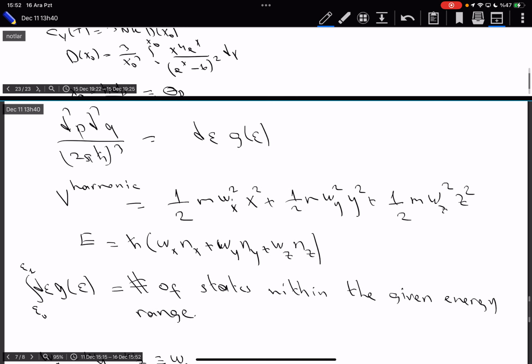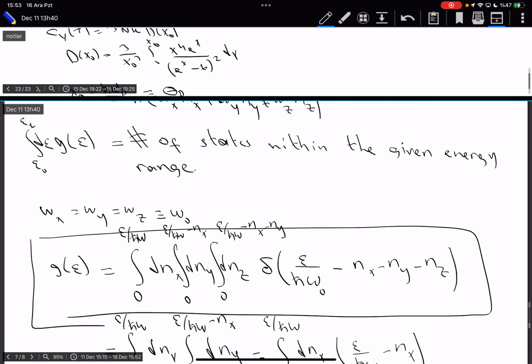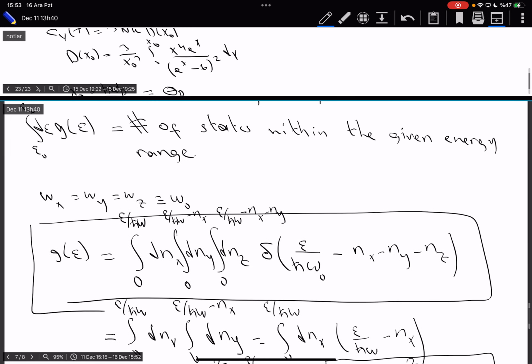And once we have that, you can calculate all your thermodynamic quantities and study what happens at low temperature. And this is the definition of the density of states. If you integrate this over epsilon, due to that Dirac delta, it will just give you the number of states within that energy range.